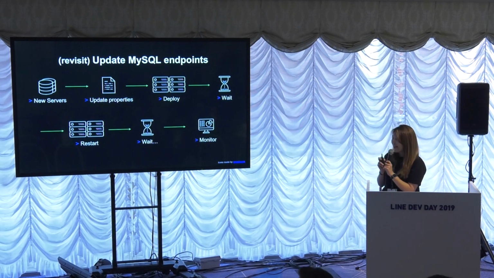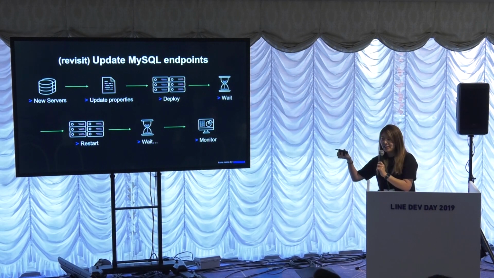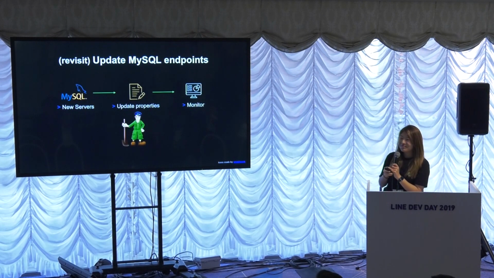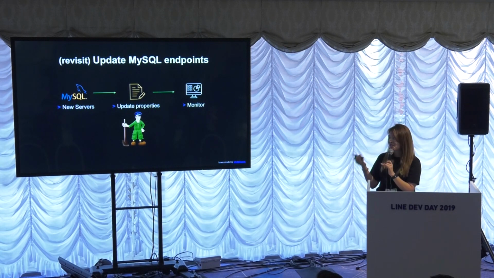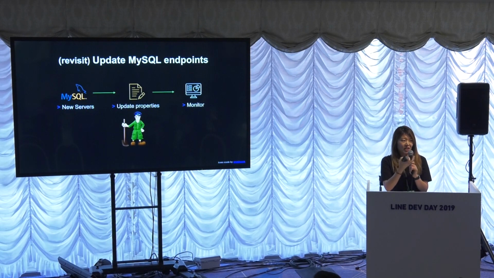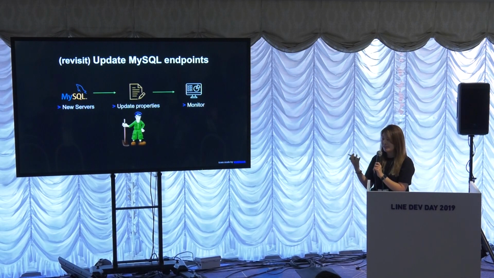So let's look back at how these steps change with the new technical design. It becomes so simple. There are just 3 steps: prepare your servers, update the new database configuration on Zookeeper, and then monitor that the connection pool is closing and opening as we expected.